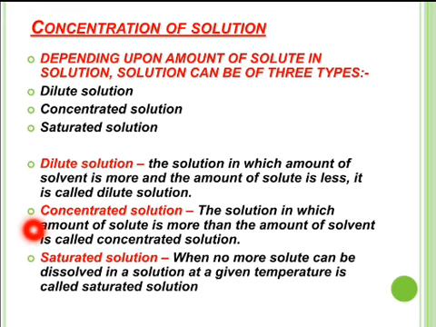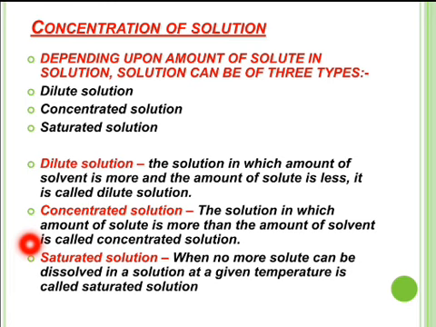The solution in which the amount of solute is more than the amount of solvent is called a concentrated solution. Saturated solution: when you prepare a solution by adding solute into solvent, one stage comes when no more solute can be dissolved in the given solvent at the given temperature.